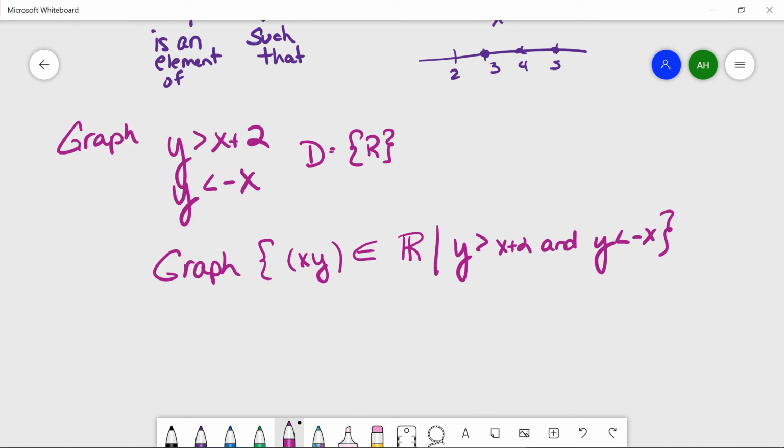Okay. Oh, and actually, we're going to add a little squared up here.